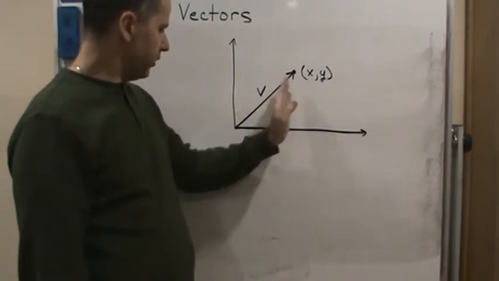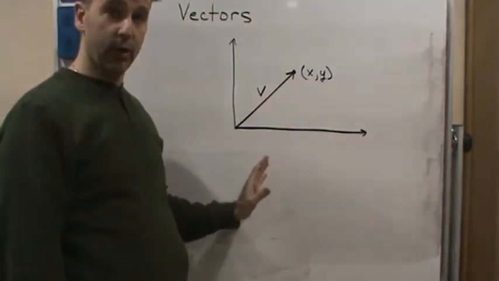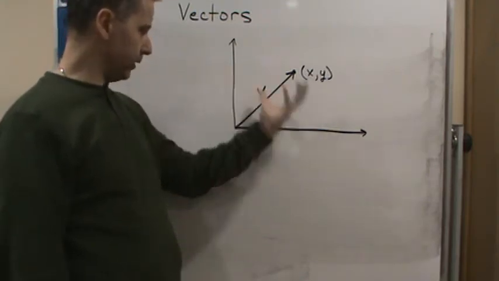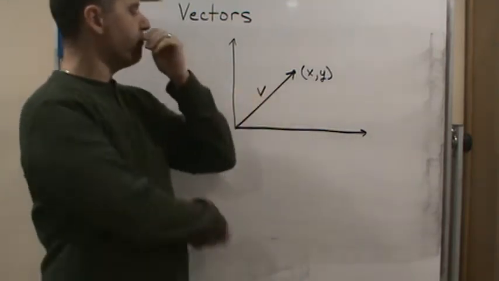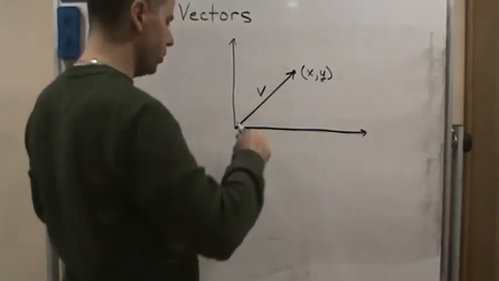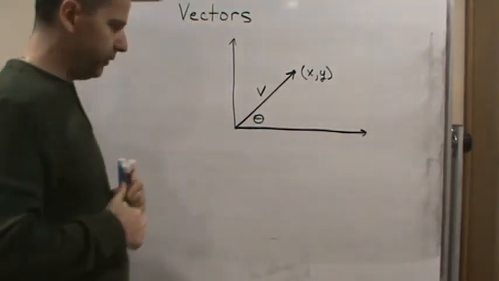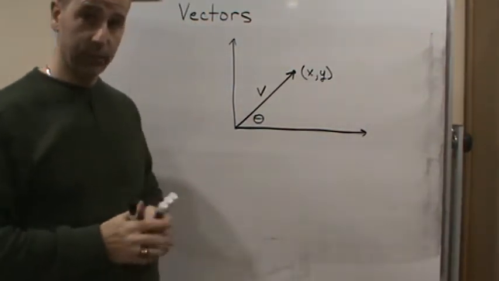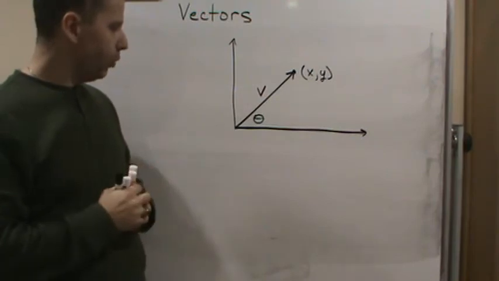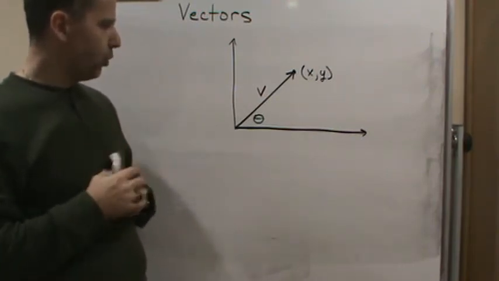We've got this vector v, and it terminates at the point, and we're looking at the rectangular coordinate plane xy. We want to describe this vector in terms of the angle that it has with the horizontal. So how do we represent this as an angle to the horizontal?